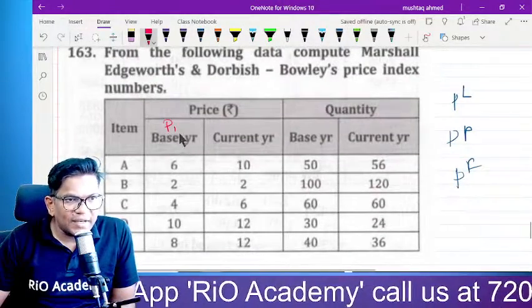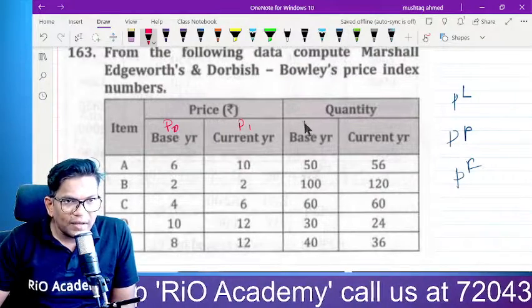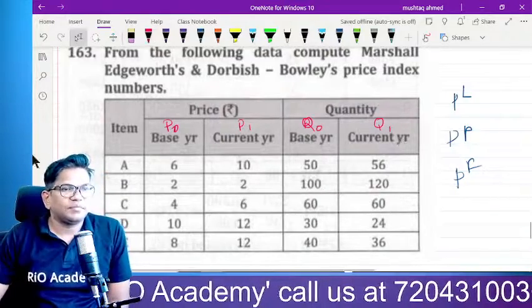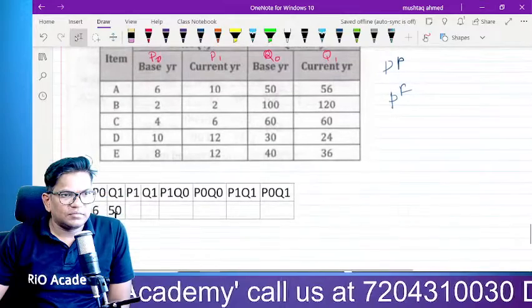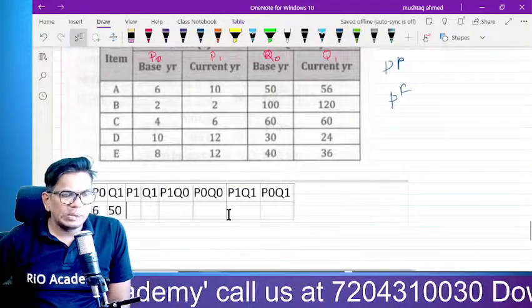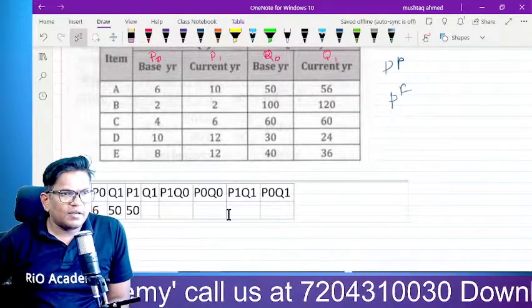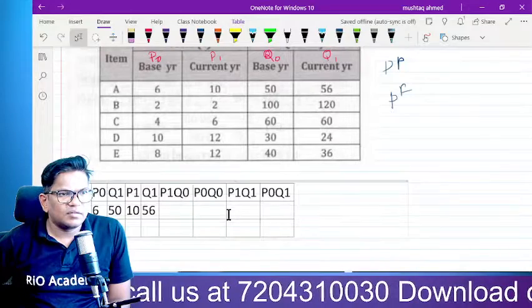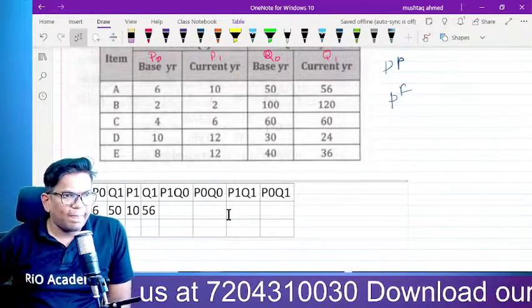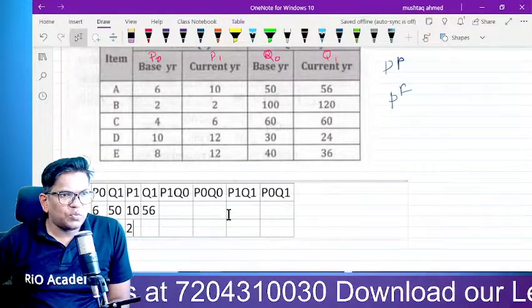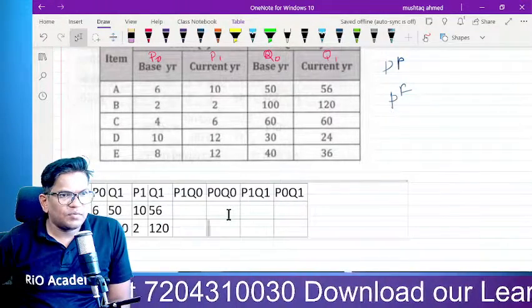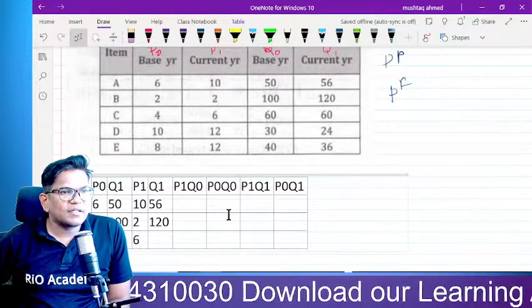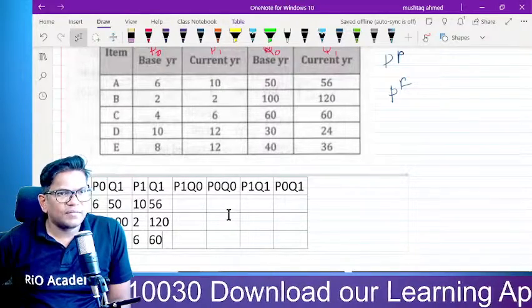This is your base year price P0 and current year P1, and base year Q0 and current year Q1. 4 and 6, 60 and 60.